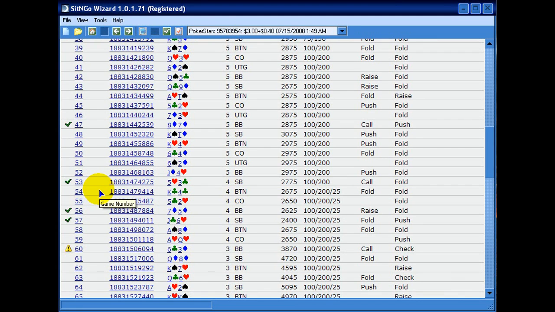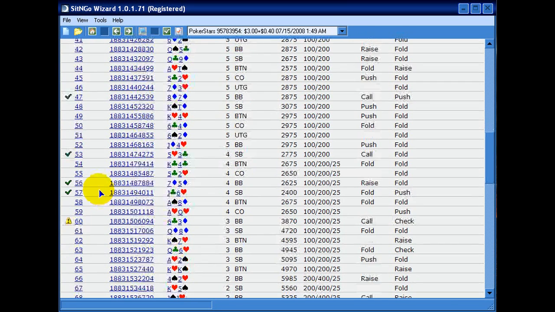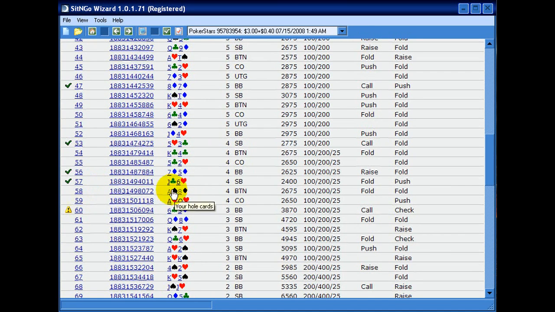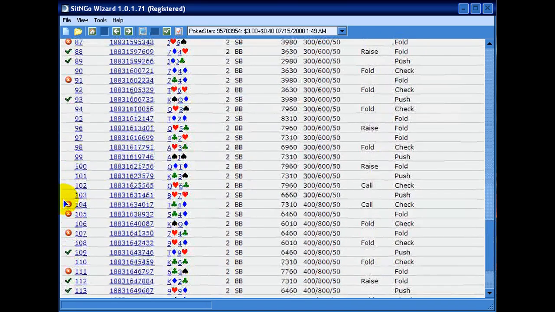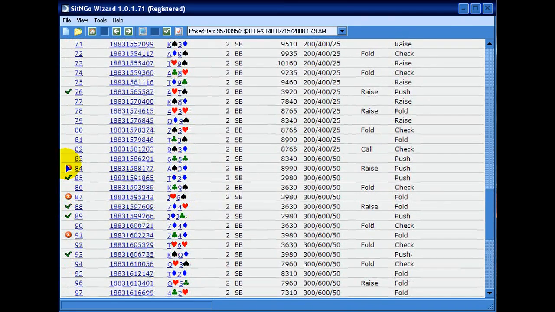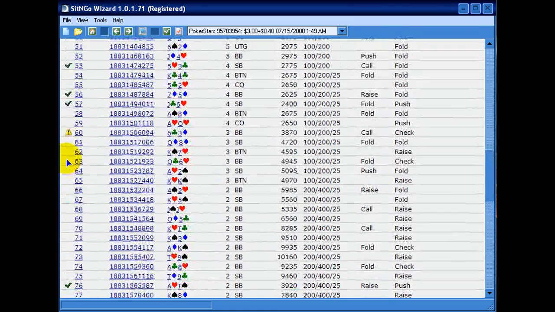And this is just based on the standard models that Sit and Go Wizard gives, which actually are not good. So even if they are a success, you could very well have a wrong push, and even if they are an error, you could possibly have a correct push.